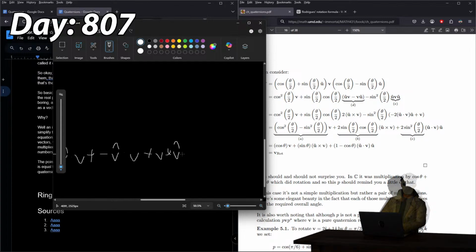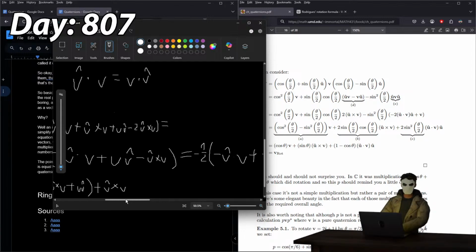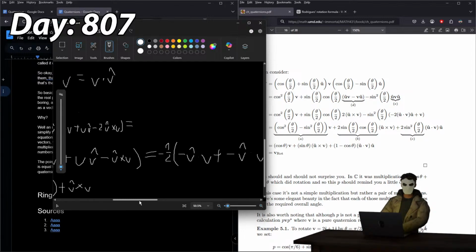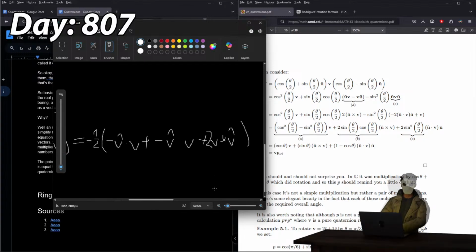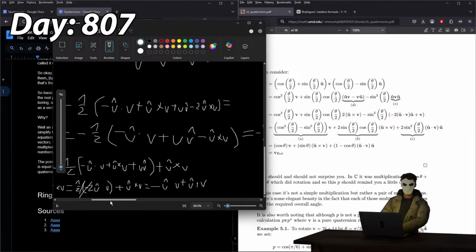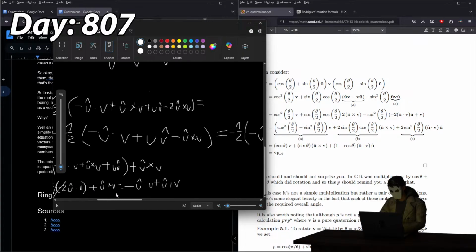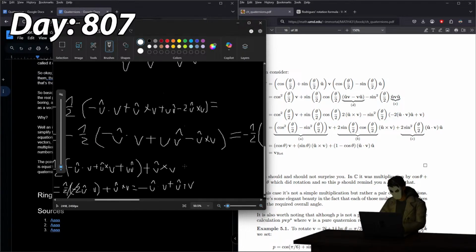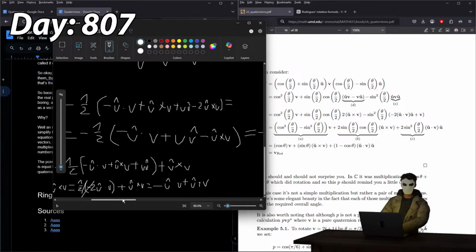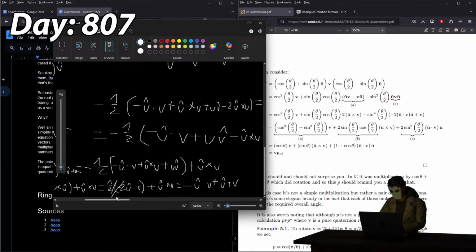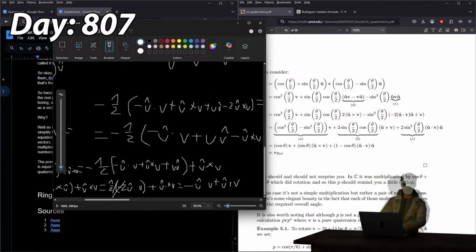which means we can just set that up as a 2 and then cross this off, and then we can, oh, did I not flip when putting it on the inside? U cross v plus u cross v.